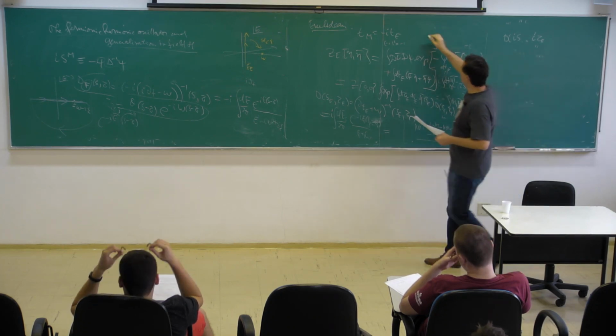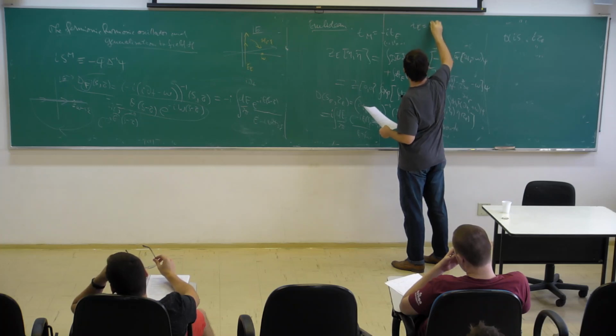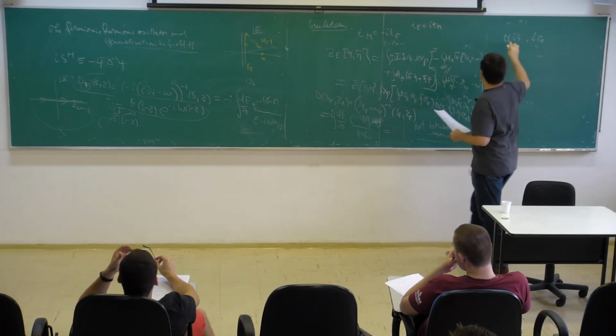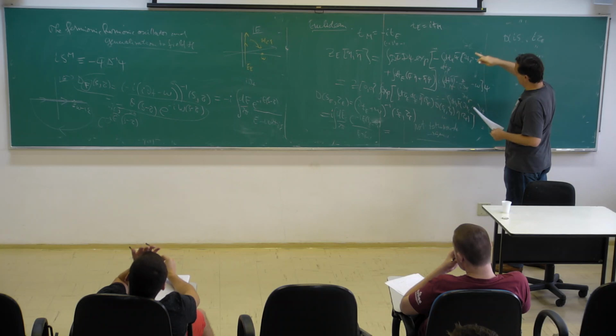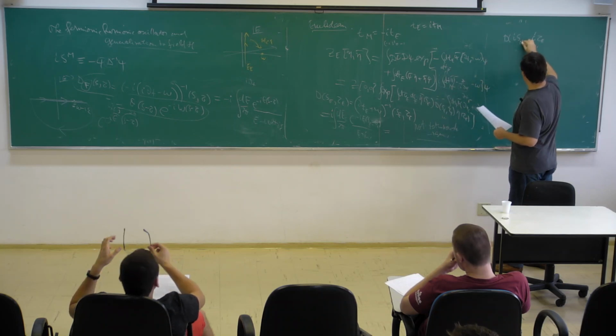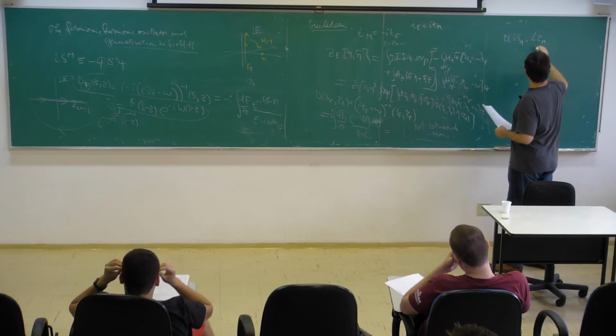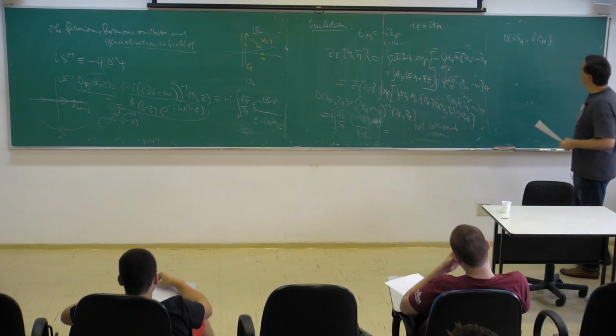Yeah, so t Euclidean is i times t Minkowski. So I write s Euclidean as i s Minkowski and i tau Minkowski.